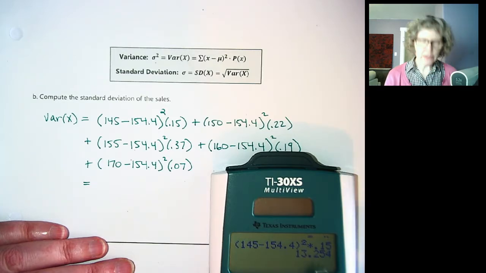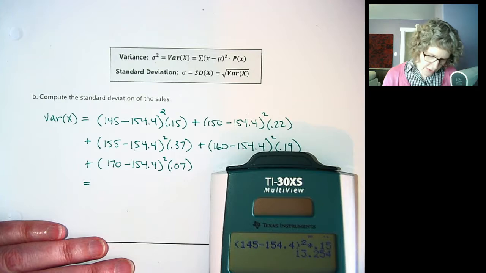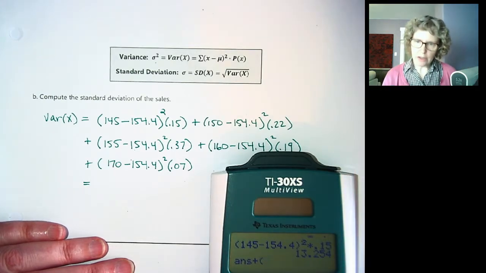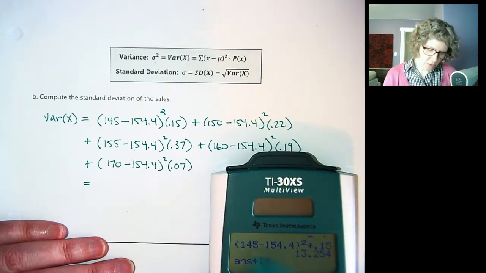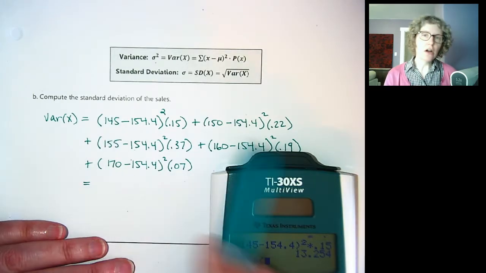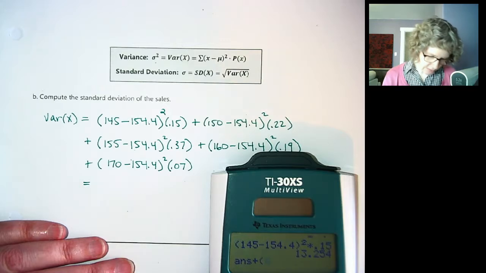Now that's not too bad, it's only 3 decimal places, but it could be worse. So I'm just going to keep that in there and then add the next term, and I'm going to do that all the way until I get all 5 terms. This calculator won't let me enter this long of a string in, but some of them might. So you could do it that way too.